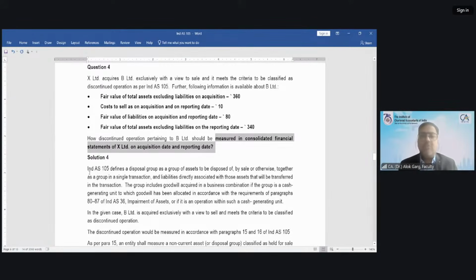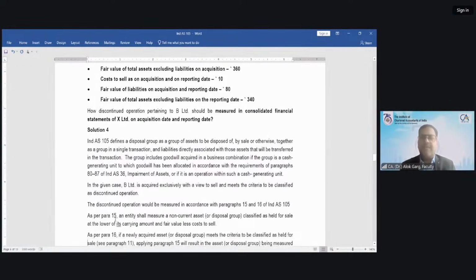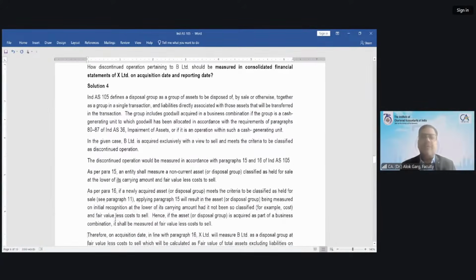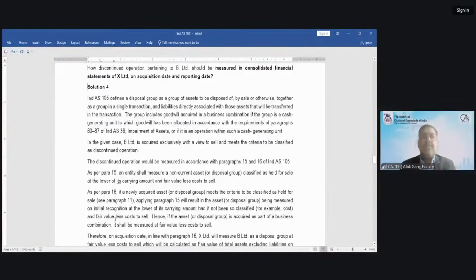Let me read some paragraphs of the answer and then move further. In this case, Ind AS 105 defines a disposal group as a group of assets to be disposed of by sale or otherwise together as a single transaction, and liabilities directly associated with those assets that will be transferred in the transaction.